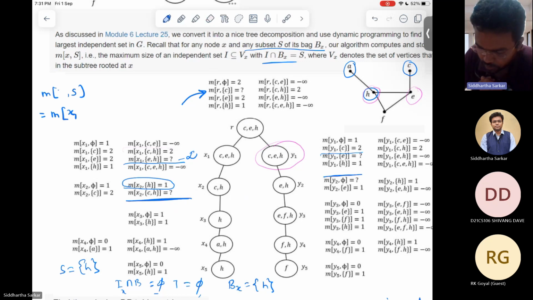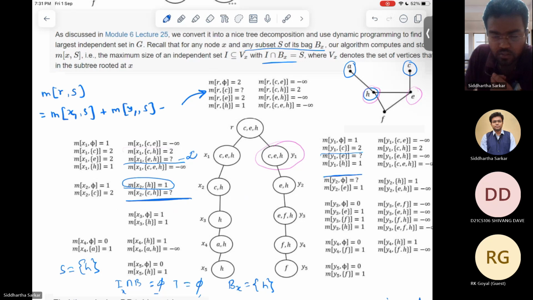So the table entry corresponding to m r comma s, where the first child is x1 and the second child is y1, is the table entry corresponding to x1 comma s plus the table entry corresponding to y1 comma s minus w of s.